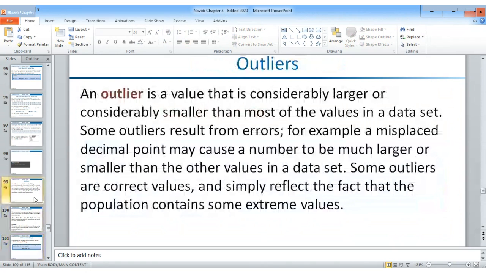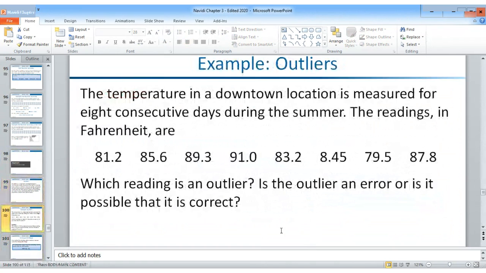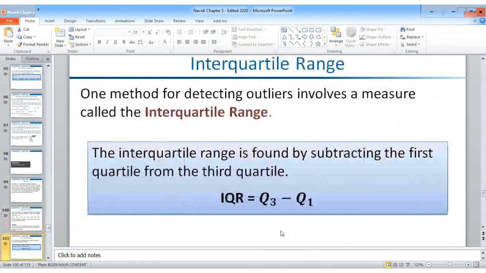Now, there's a procedure in this book for determining outliers, and we're going to go through that now. And this really is the heart of determining whether something is an outlier. And if something is an outlier, like I said, it can be one of two things. It can either be a value that is just an error in input, or it can be an extremely high value. And you just got to make a choice about it.